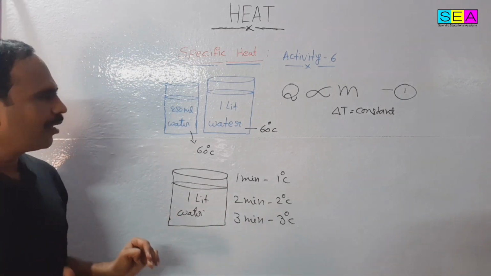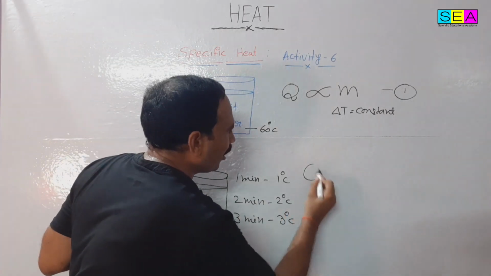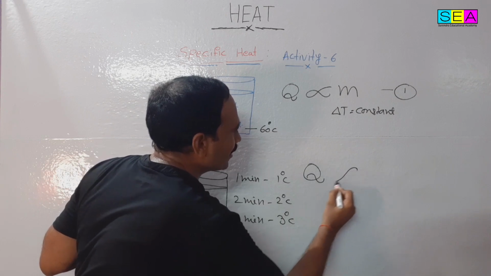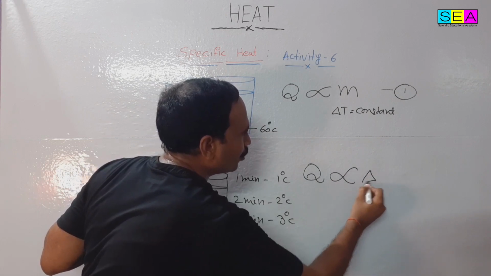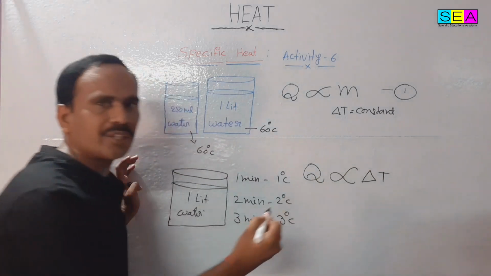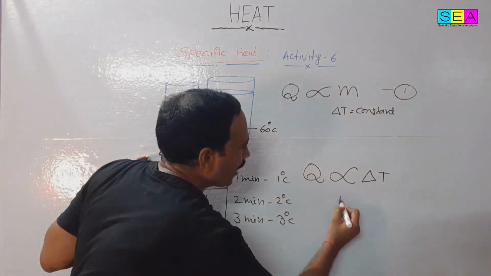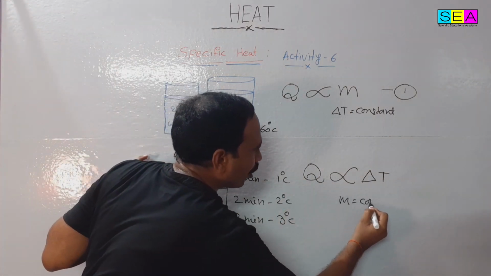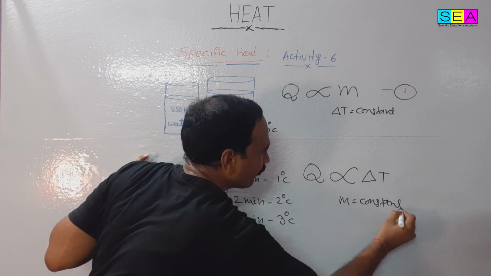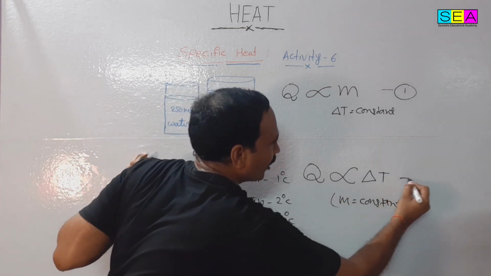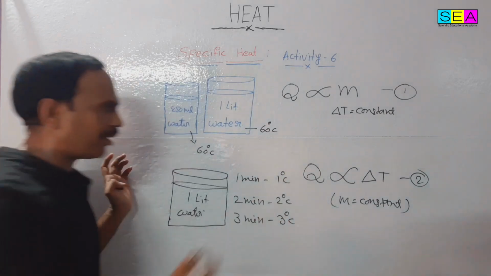So from this we can write that the quantity of heat energy is directly proportional to the change in temperature when the mass of the object is constant. This is the second equation.